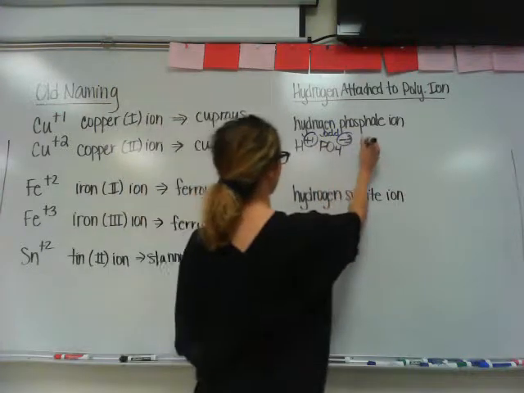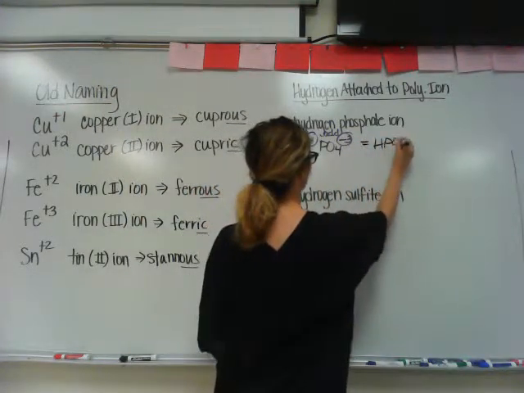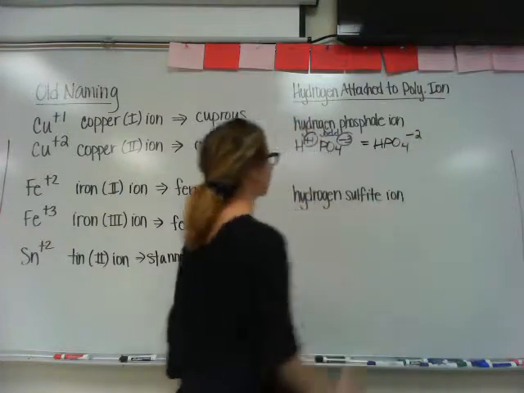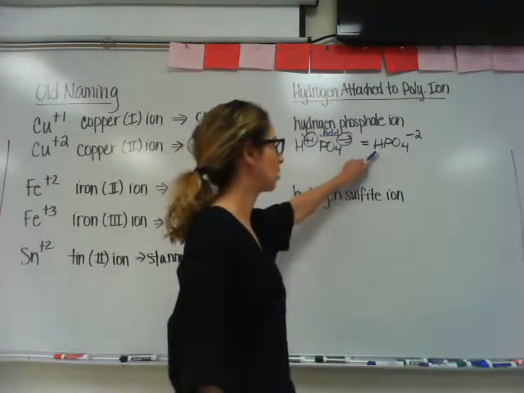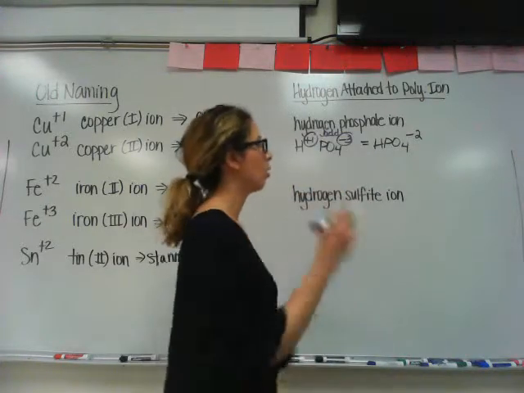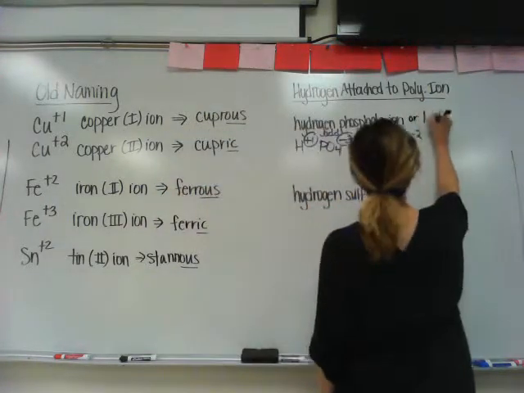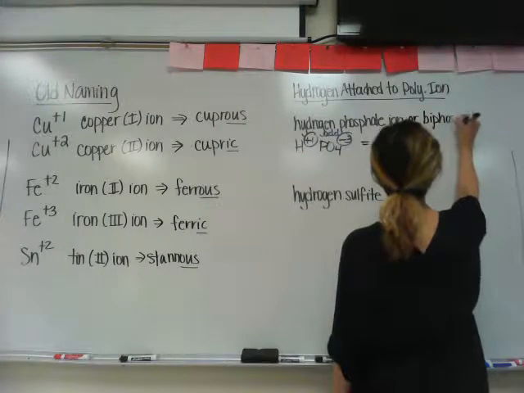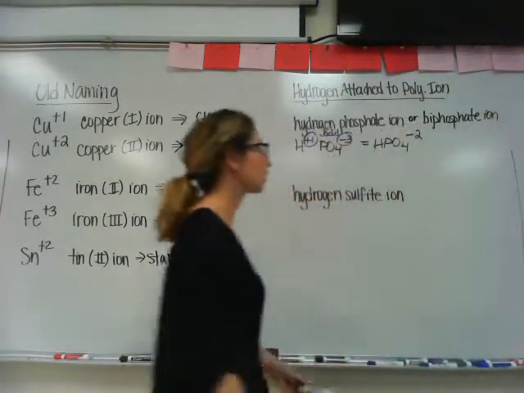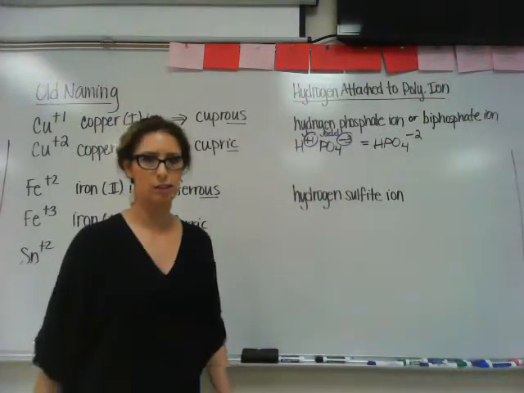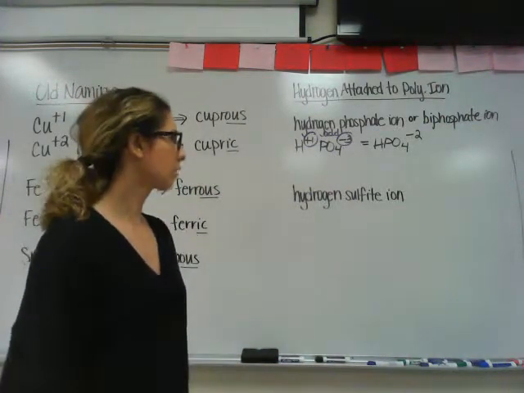So a +1 and a -3 give you HPO4 -2, okay? So this would be known as the hydrogen phosphate ion or the biphosphate ion, okay? Either name is perfectly acceptable, okay?